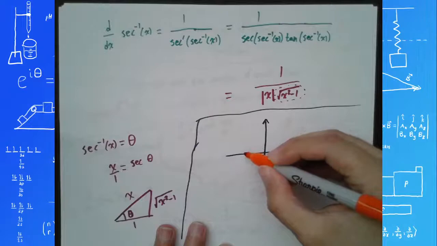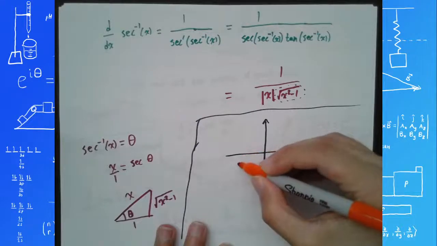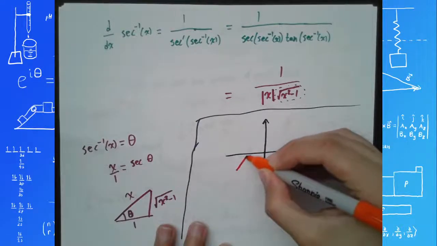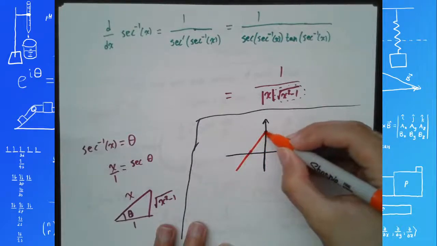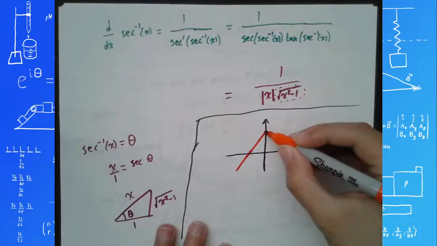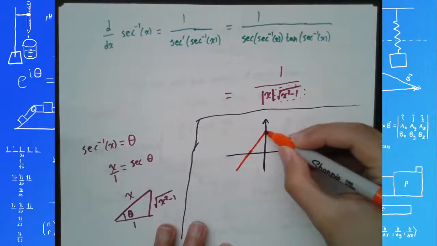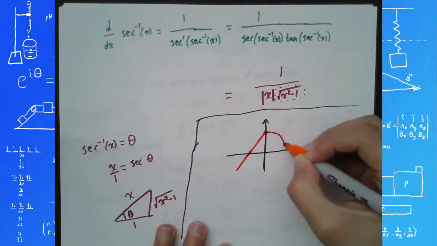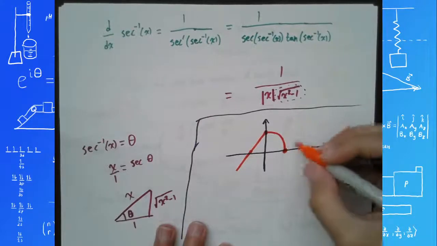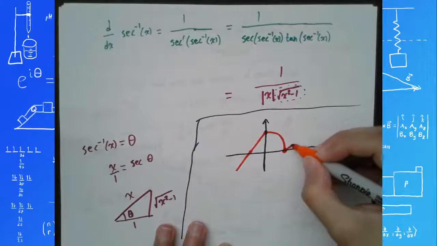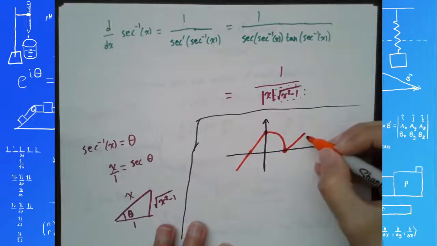They might give you a graph that looks like this, then goes around in a quarter circle like this, then goes up to here, for example.